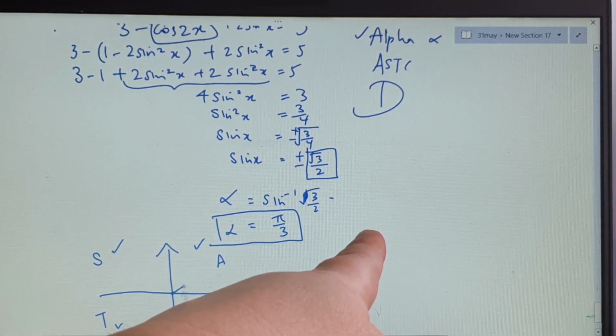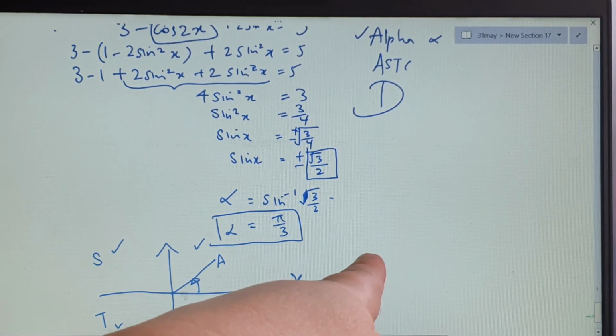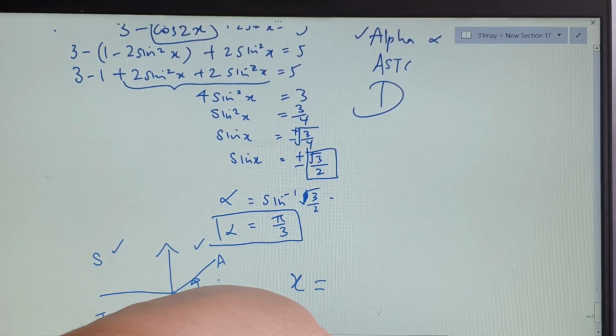The answer can be found in all the quadrants. So your x can be pi over 3. Let me just shade the reference angle. So it is pi over 3.